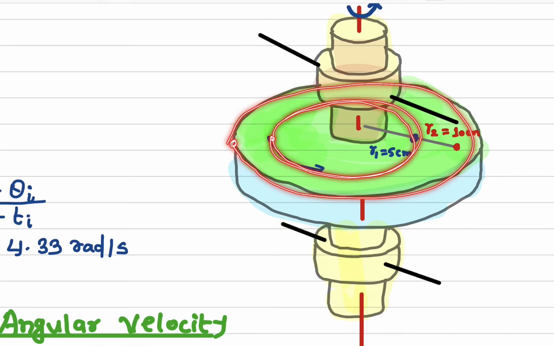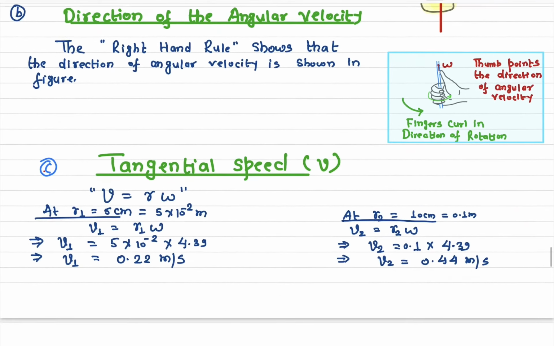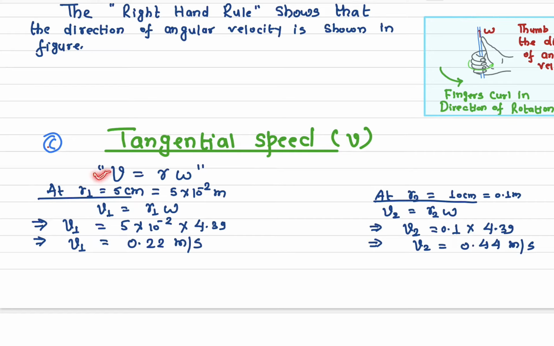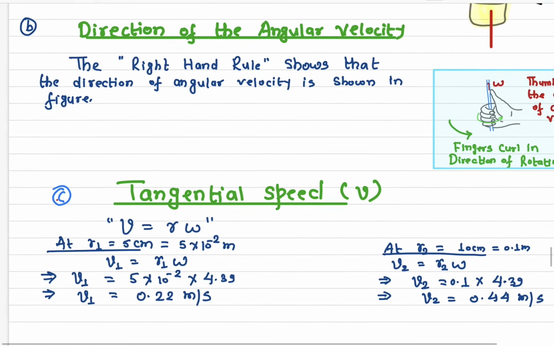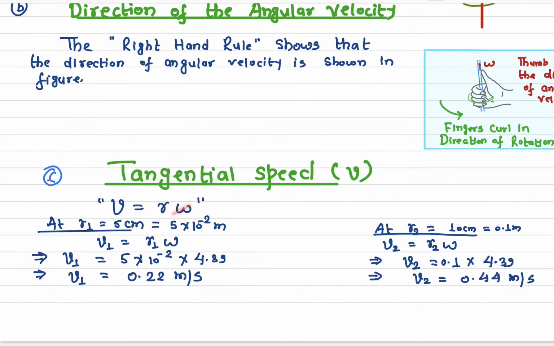In exactly the same time, this one has traveled more distance. That means the tangential velocity of this point is greater compared to this point, because it has traveled more distance in the same amount of time. In other words, the tangential speed is radius dependent. At a greater distance from the center of the flywheel, we have more tangential speed.